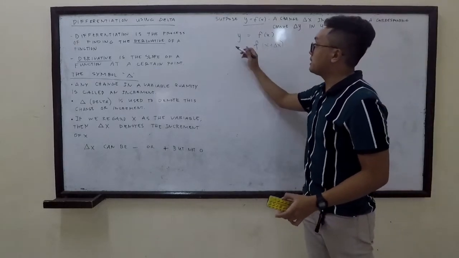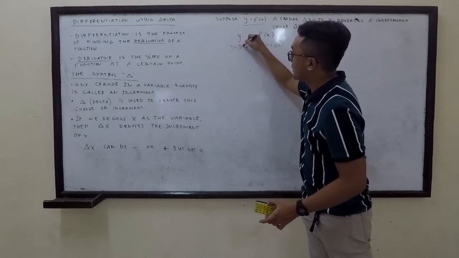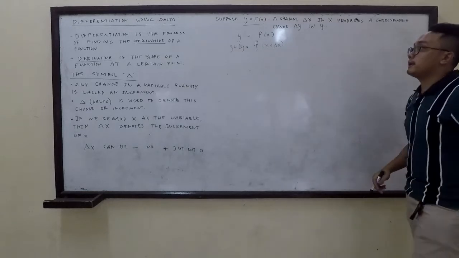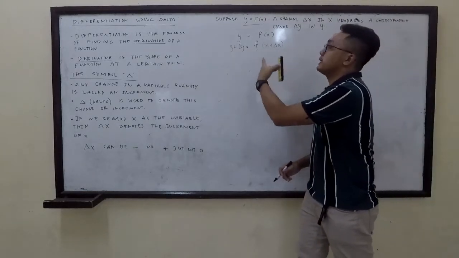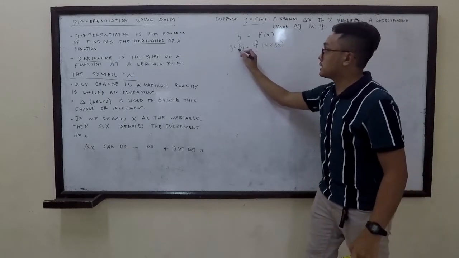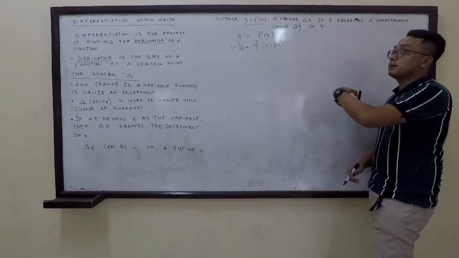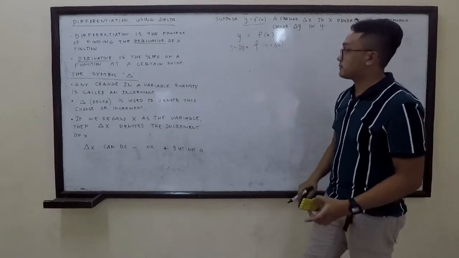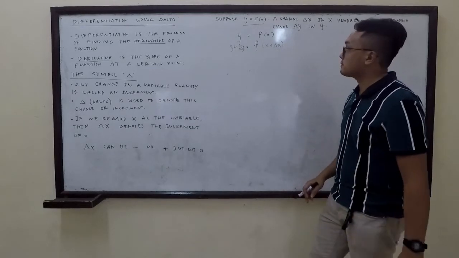Then on the left side, this now becomes y plus delta y. So y, then the change in y. This is important to know, because we're going to find the value of delta y. Later, we will know why it is important. It is needed in finding the derivative of a function.